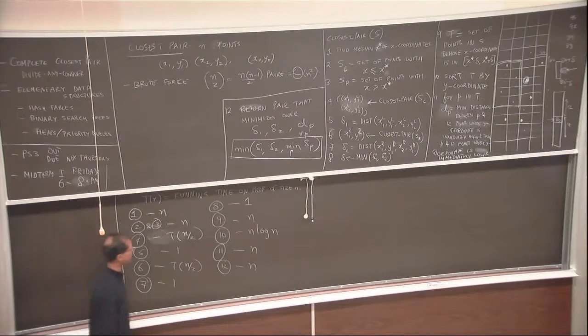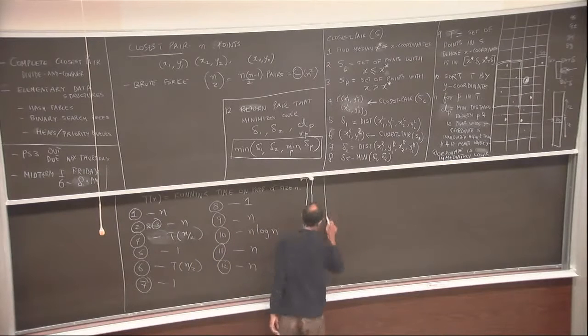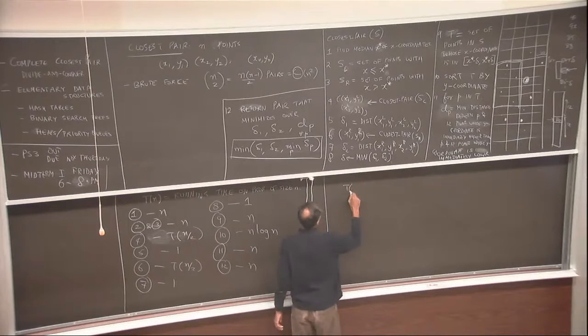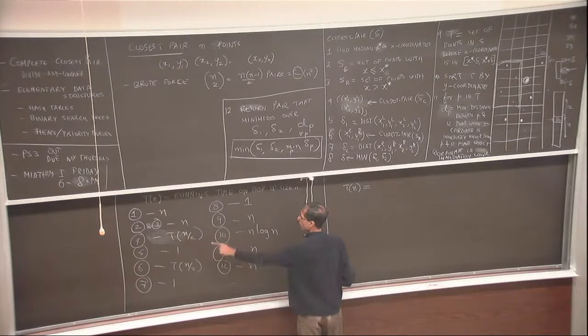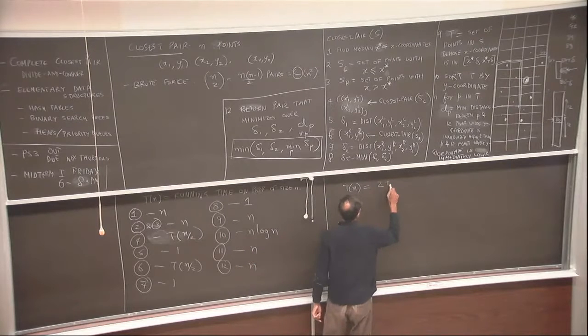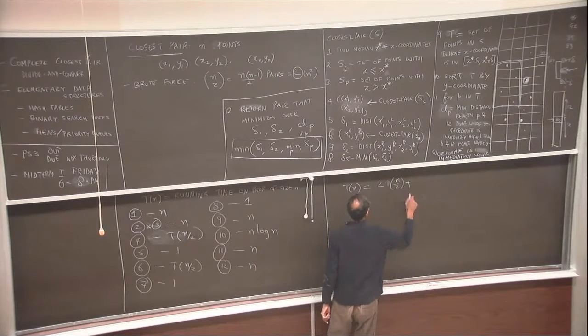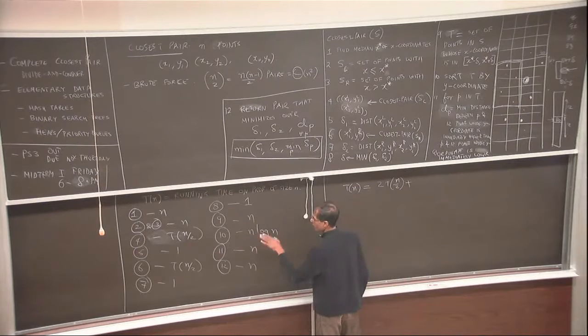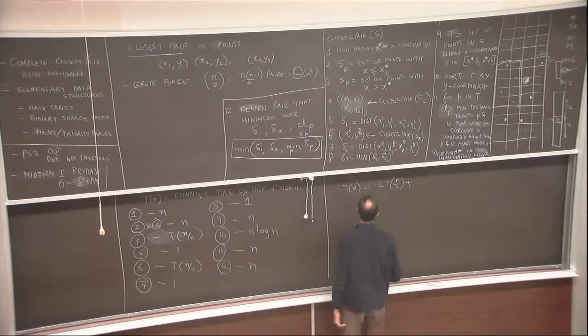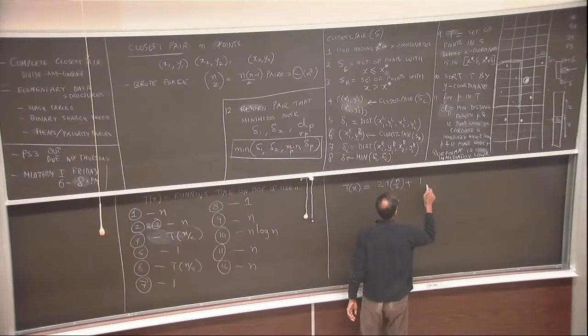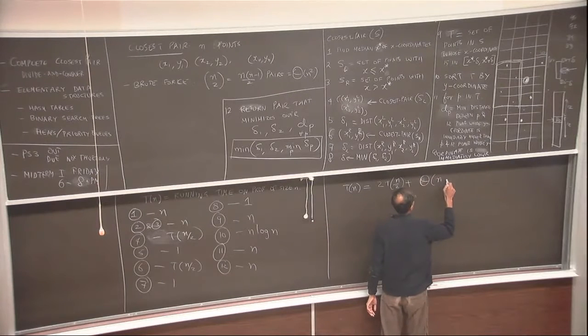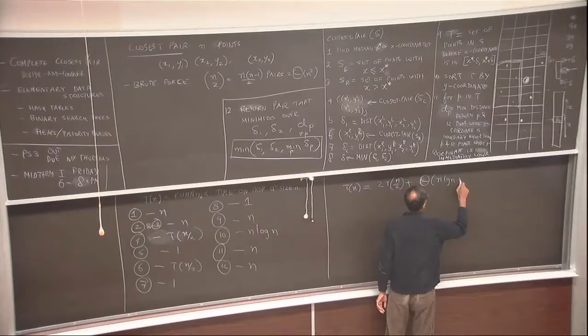So what's the recurrence from this? T of n equals, how many recursive calls do we have? 2. We have a bunch of n's and an n log n, and then a constant. So theta of n log n plus n plus 1.